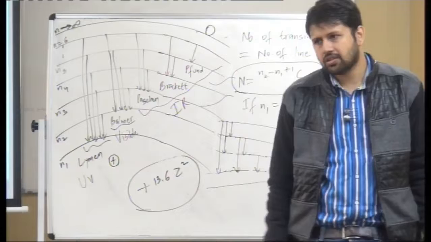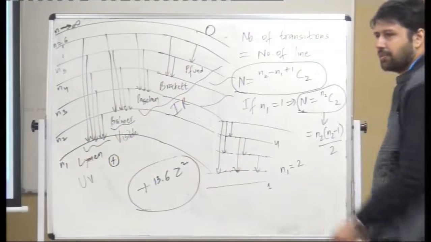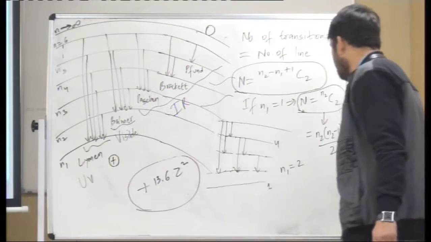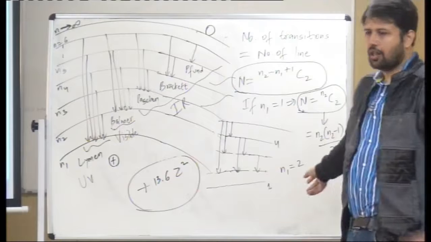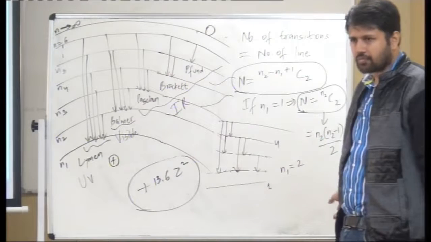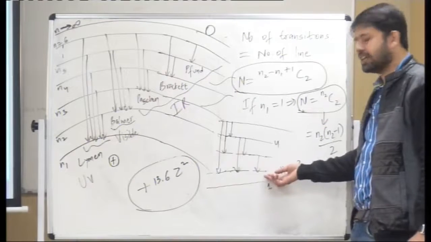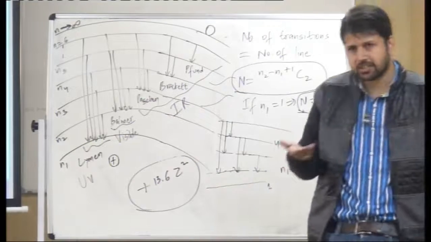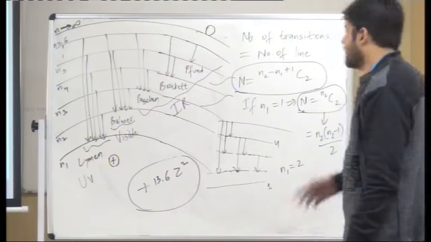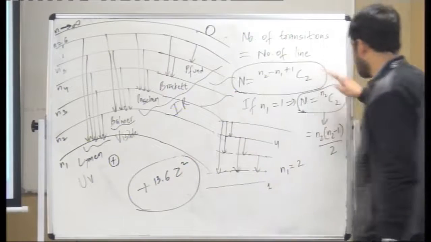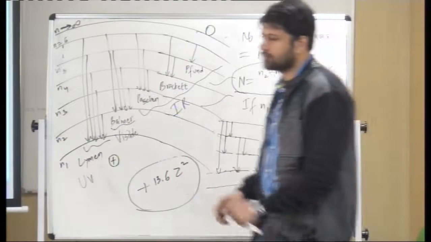So NC2 is N into (N minus 1) by 2. This is indicated in NCERT and a lot of other texts. But what if the ending orbit is not 1? So in the general case, this is the formula. In specific cases, you can go like this.